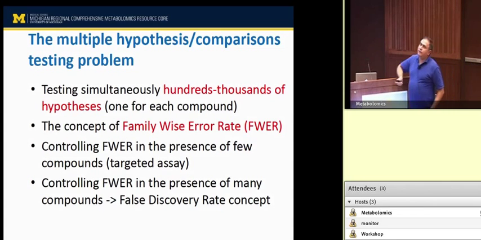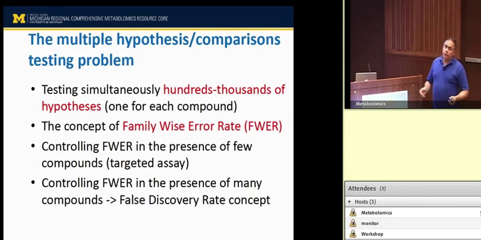Even if you have a targeted platform, a targeted assay, you're still getting a few dozen metabolites, let alone if you have an untargeted platform where you have hundreds and even possibly thousands of features. Then you end up basically testing hundreds of thousands of hypotheses.